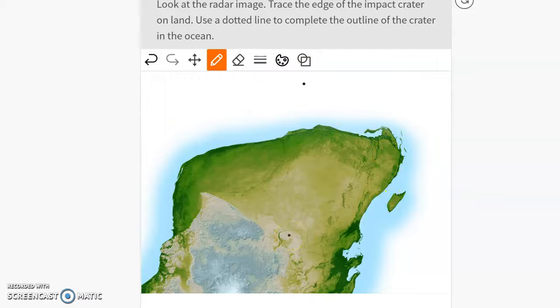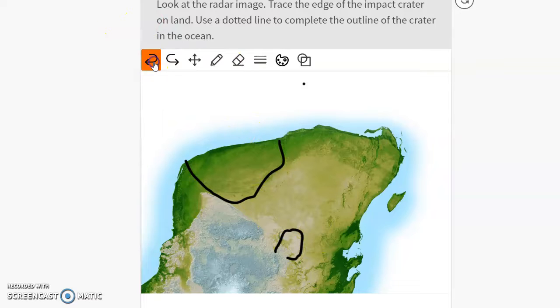Trace the edge of the impact crater on land. To me, this looks like what they're talking about. But then there's also this. Use a dotted line to complete the outline of the crater in the ocean.